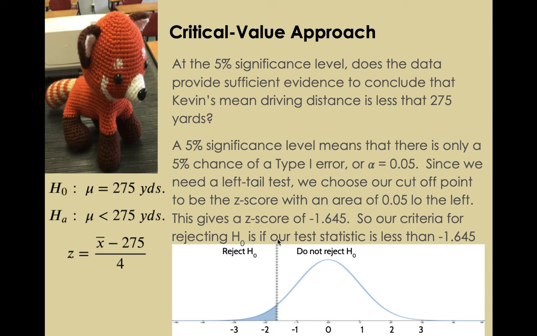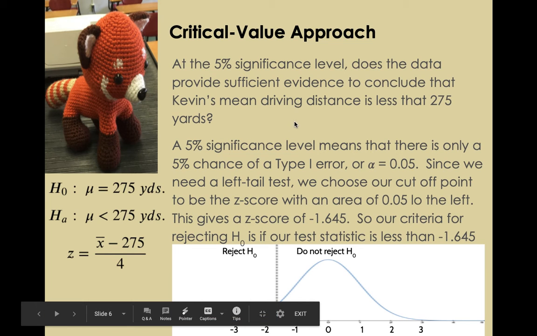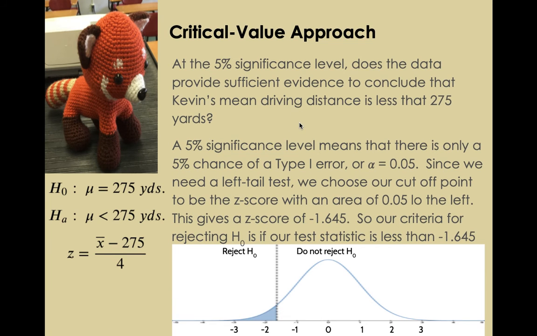That's our cutoff value. So we look that up on our table, and a z-score of negative 1.645 will give you an area, or a probability, of 0.05. So that's our cutoff score.